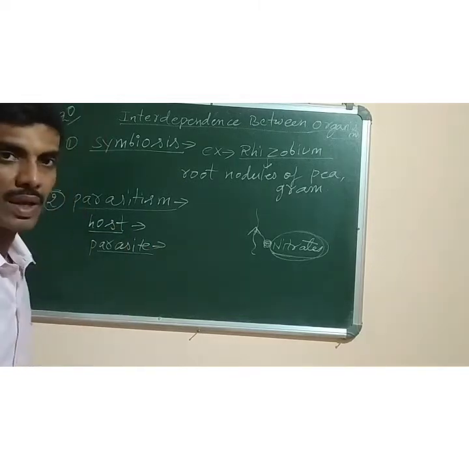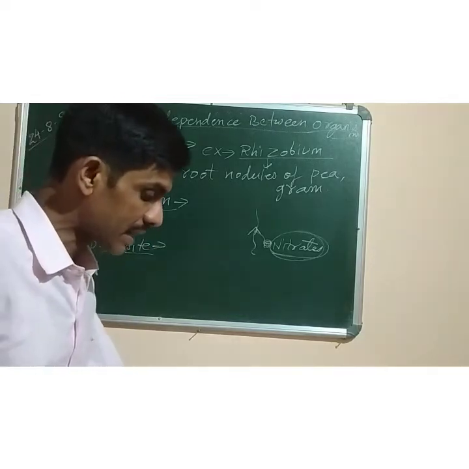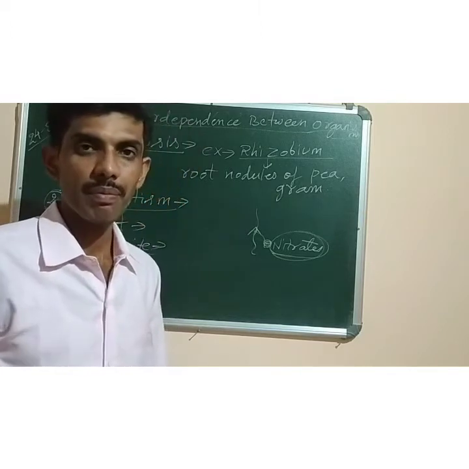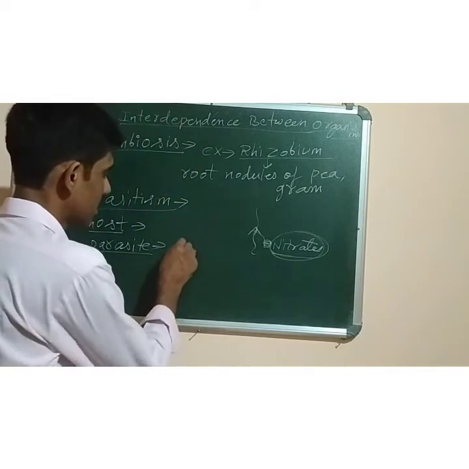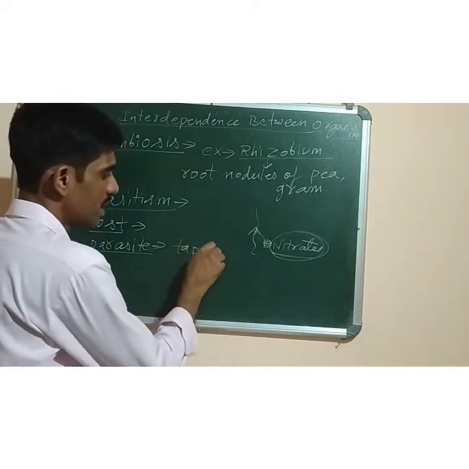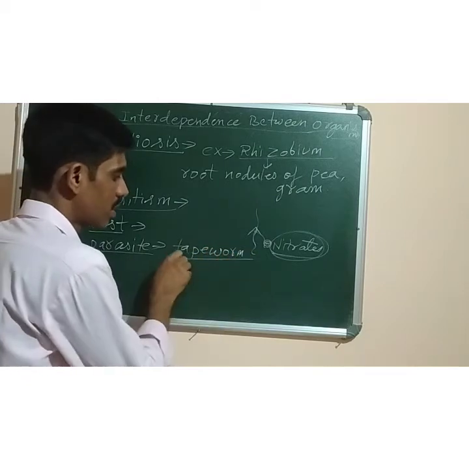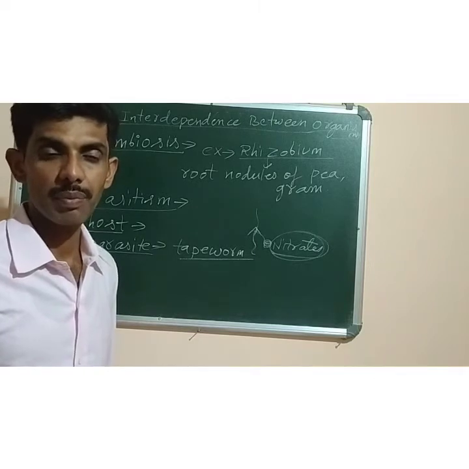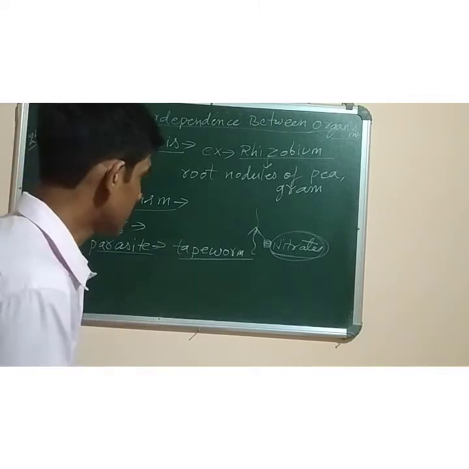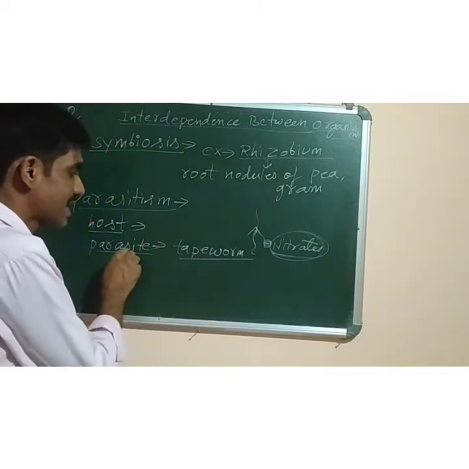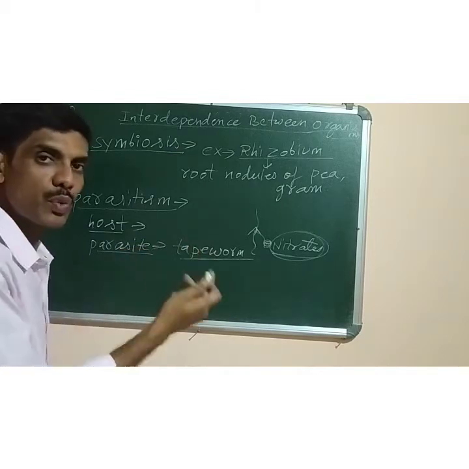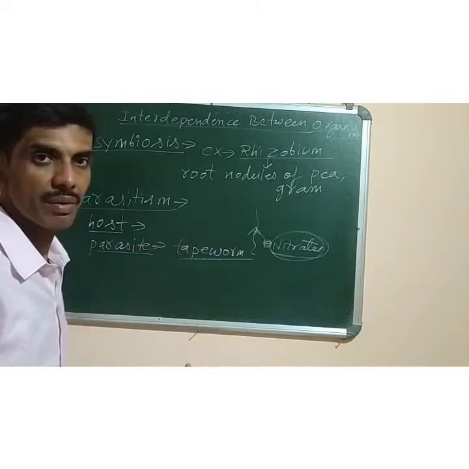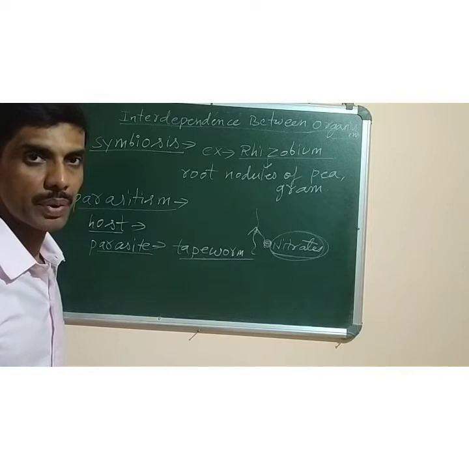For example, tapeworm is a parasite which lives in our intestine, because when we eat improperly cooked food, particularly the pork and all, there are two hosts of this parasite. Tapeworm lives in two places, either in the intestine of human beings or the pigs.